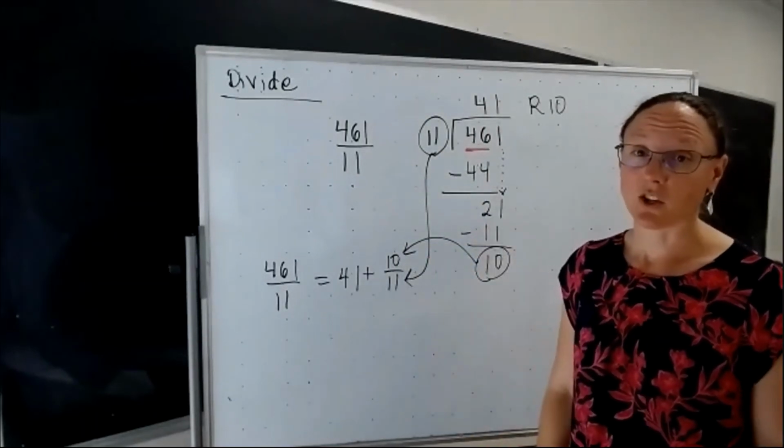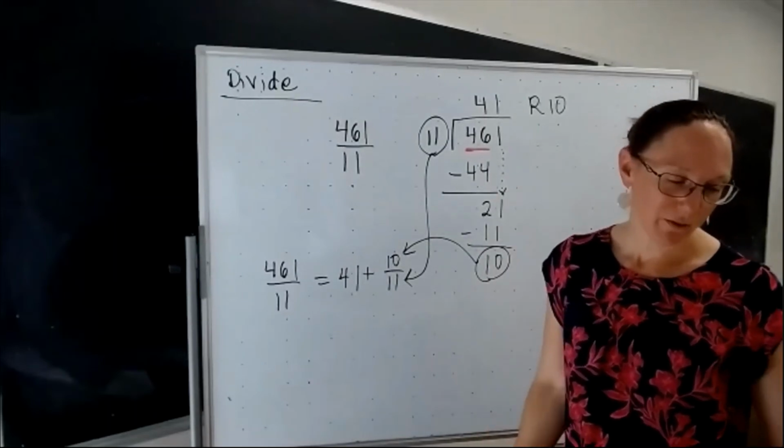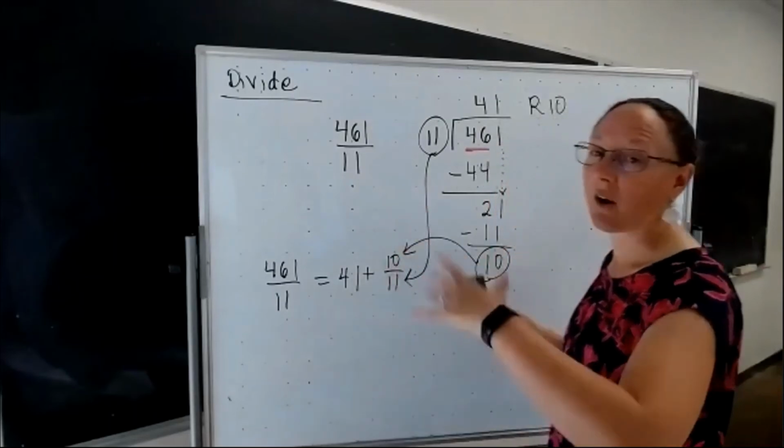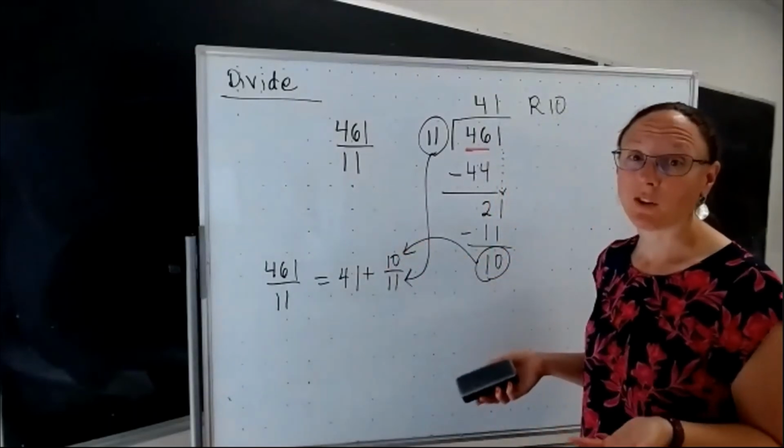I am not asking you to do this for numbers, but we are going to do it for polynomials. So I want to do a quick example of how this works when we're dividing polynomials instead of numbers.